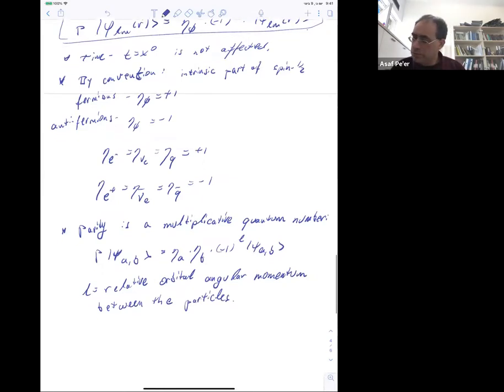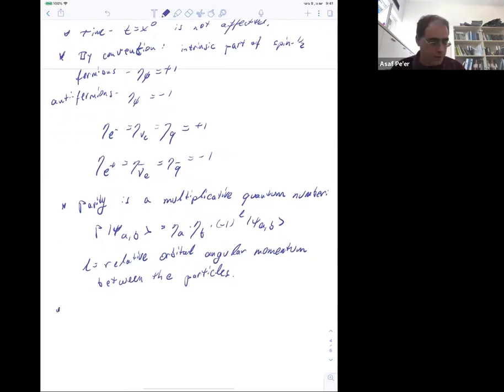Now, what else? Conservation of parity is really the reason why we're saying all that, because that's what we're going to use to solve problems.